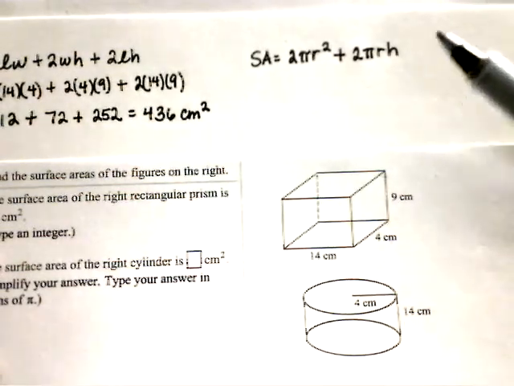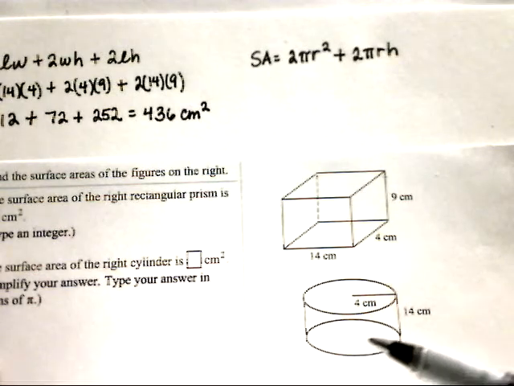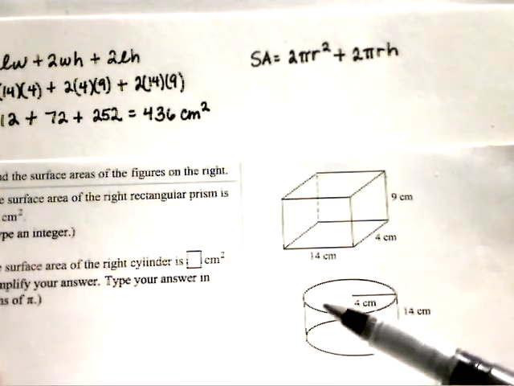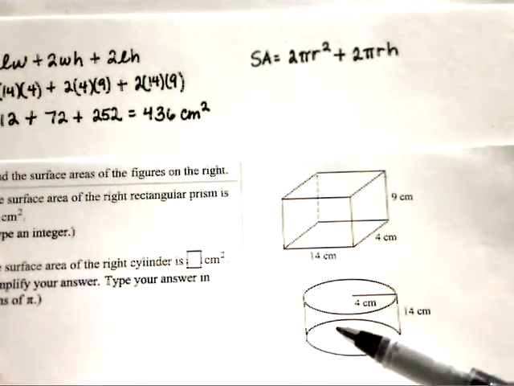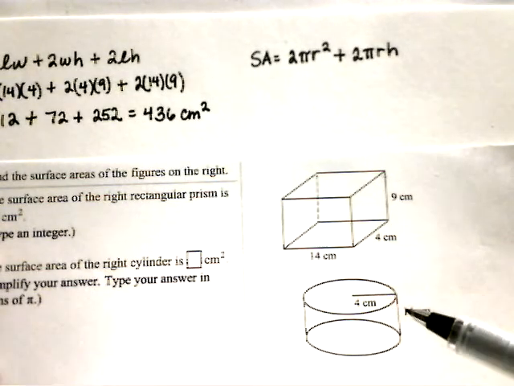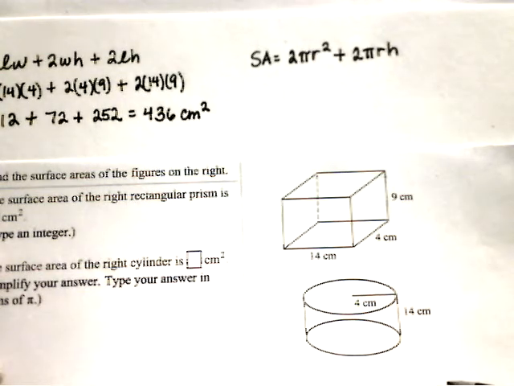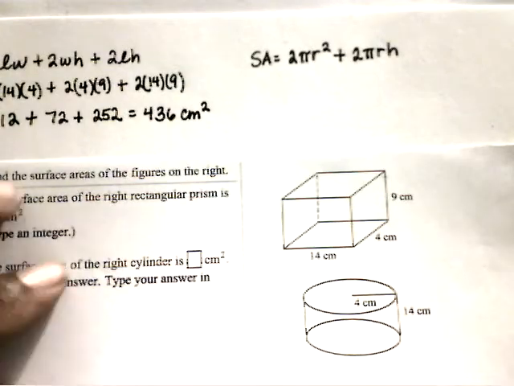And then that 2 pi r h represents the lateral surface area. Because if you were to cut out the cylinder to make it flat, then actually you'll have 2 pi r for the length, and then the height will be that width. Okay, so now the radius here is 4 centimeters, the height is 14 centimeters.